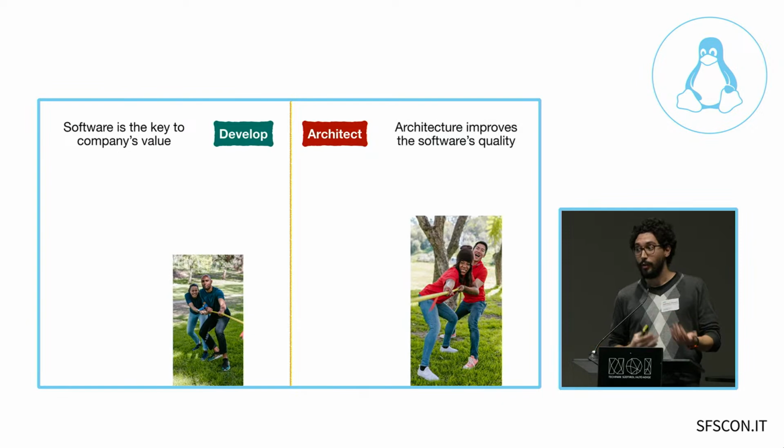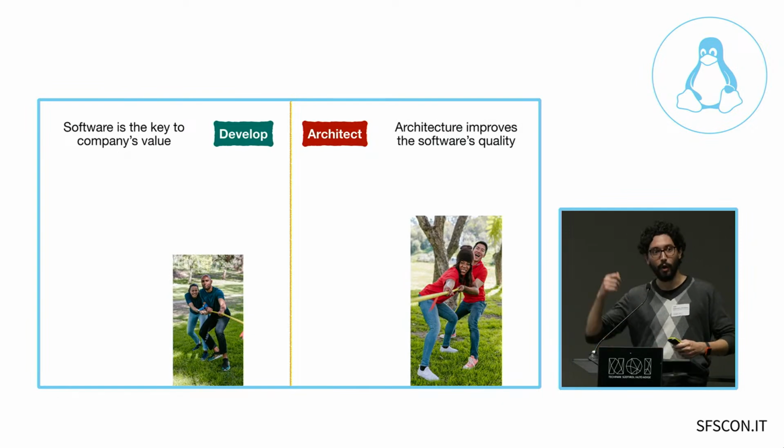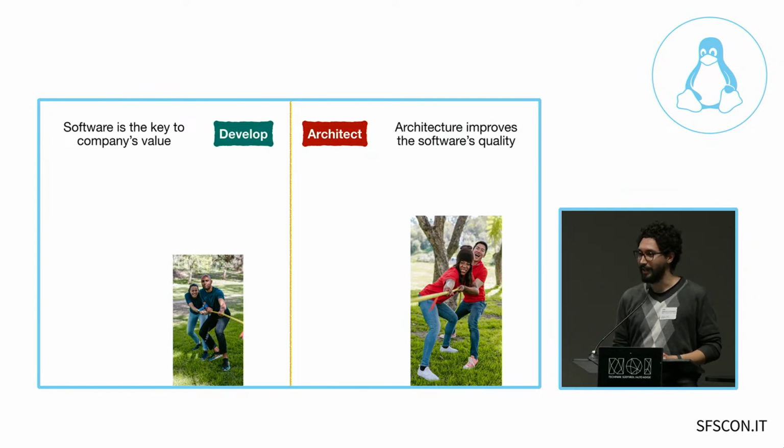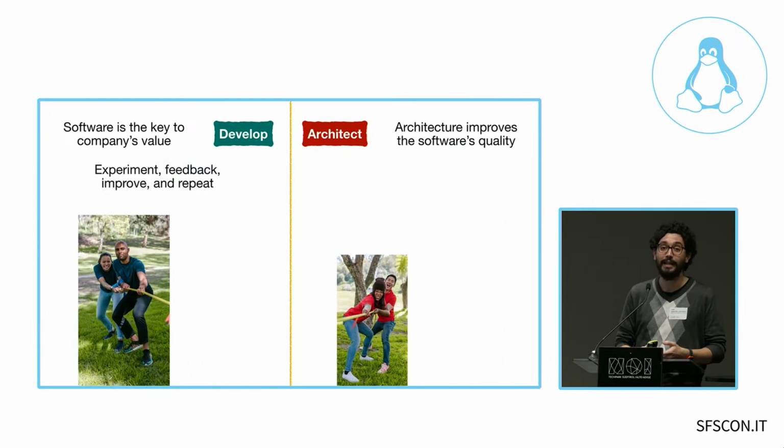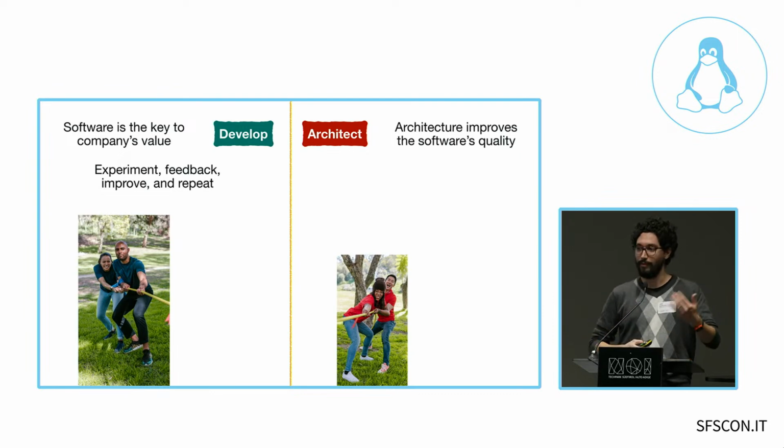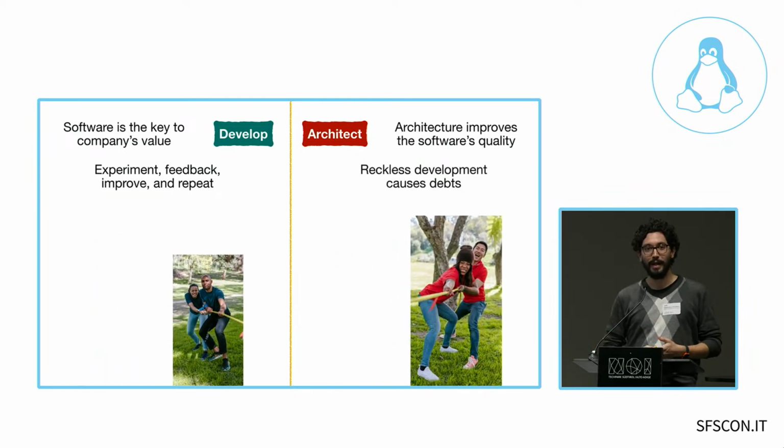But on the other hand, we always have the architect, or someone wearing the architect's hat, saying architecture helps to improve the quality of the software, so don't go straight ahead developing. But we also want to follow cycles of experimenting, having feedback, improving, and continuously repeating. So this means let's write code, right? But if you develop recklessly, your code might have some debt and some problems.